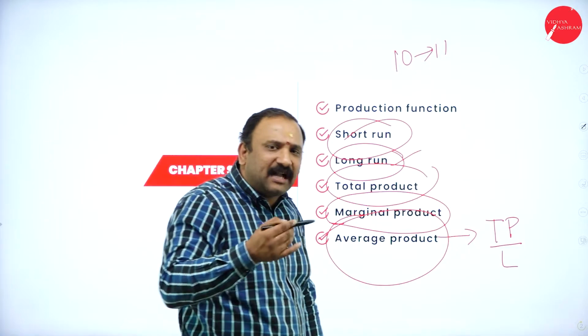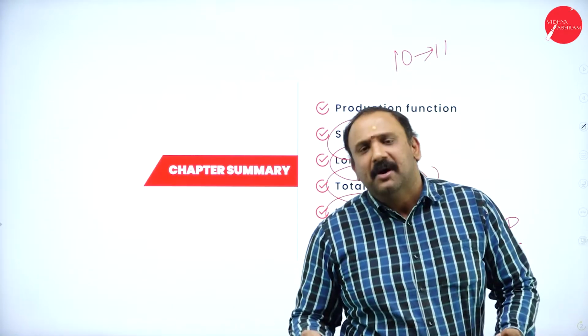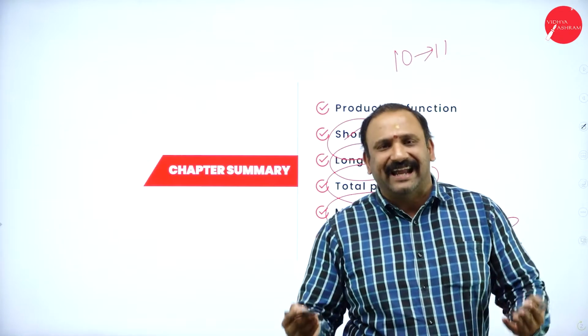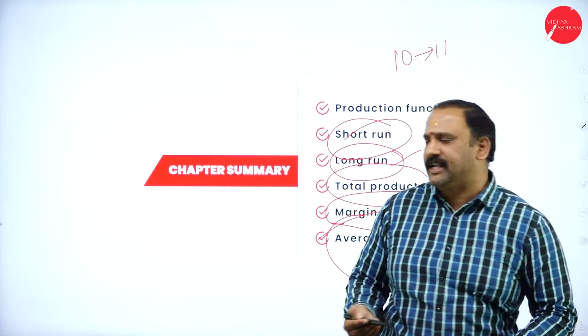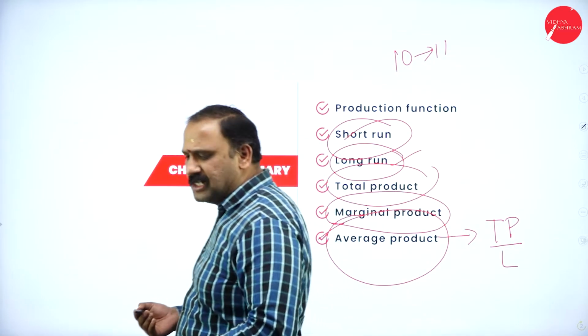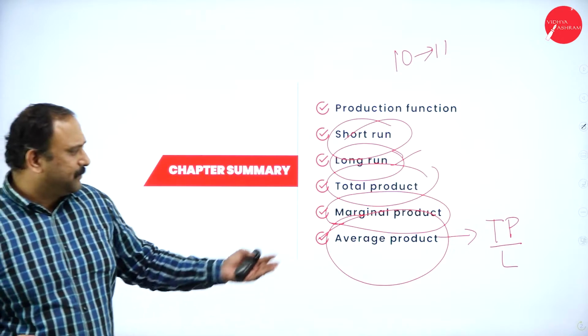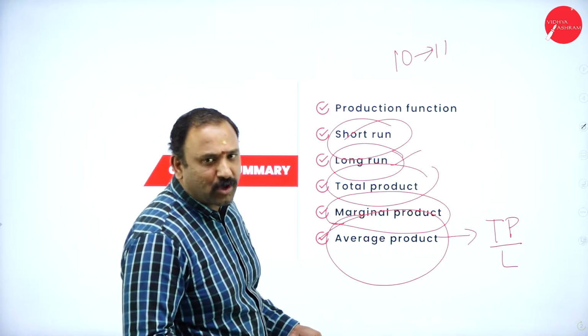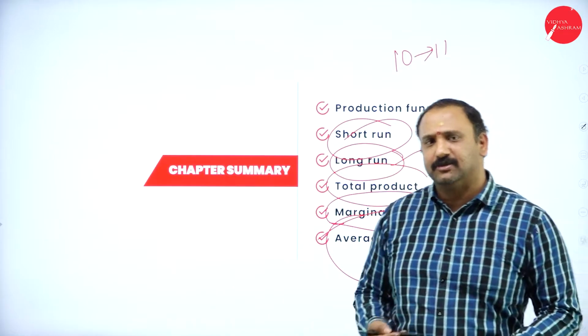How much is being produced? When I say there are 10,000 units manufactured in 10 days, that means we are producing about 1,000 units a day on average. That's where the average product comes in. So average is nothing but the sum total divided by the total number of units. Quite a simple one, which is very, very important for us in terms of learning.